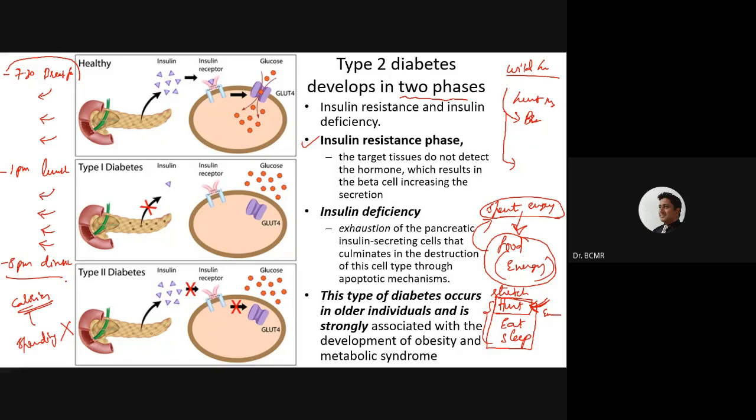So what I'm trying to say in this particular slide is, after breakfast we have food, so insulin is secreted. After lunch, and in all these cases, anytime you have eaten and digested some food, insulin is going to be secreted.